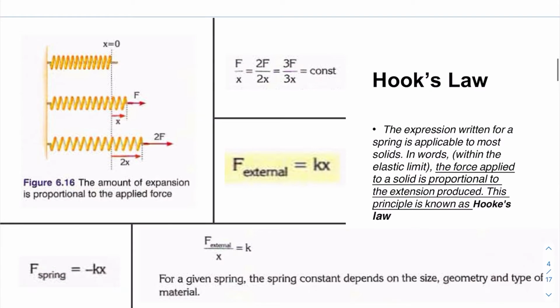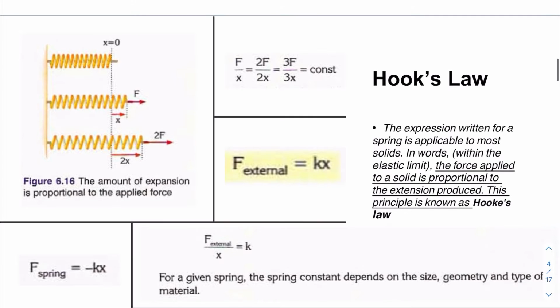Hooke's law simply explains that, suppose we have a spring which is fixed on one side to a stable object or wall. This spring has a length, and if we apply a force on this spring, the length will increase. This increase or elongation is shown here by x.